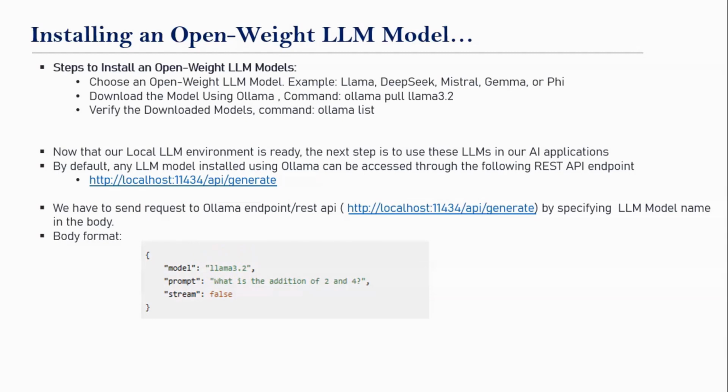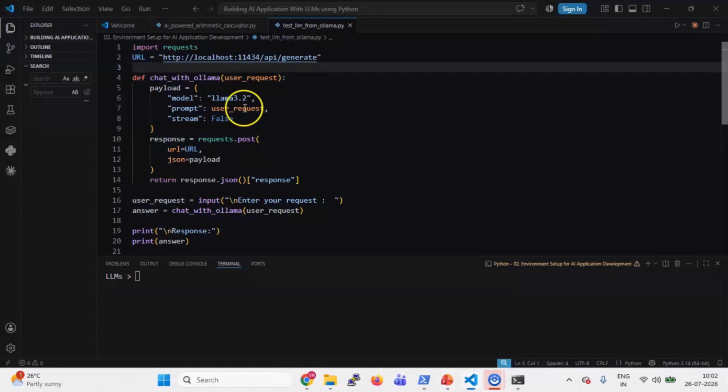Now let me show you how we can use this Llama 3.2 LLM model with the Ollama REST endpoint in our AI application. See, first thing, this is the Ollama endpoint to access any model which you installed on Ollama.